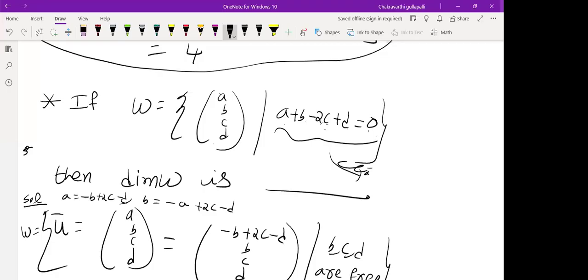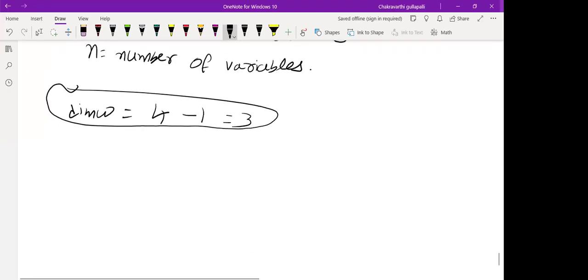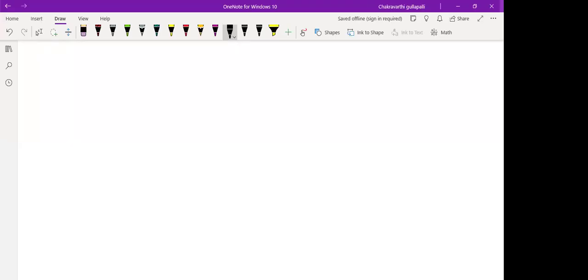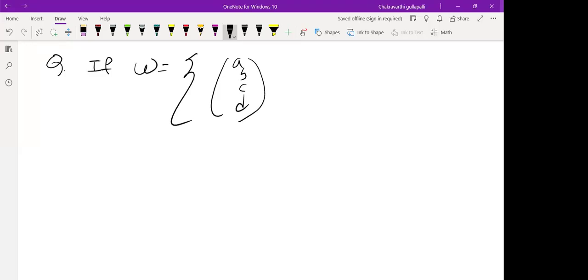So let us see again. Somebody may ask, madam, suppose 2 conditions are given, then how do we do that? Yes. Question: if W is the set of all (A, B, C, D) such that B plus 2C is equal to 0 and A plus D is equal to 0.